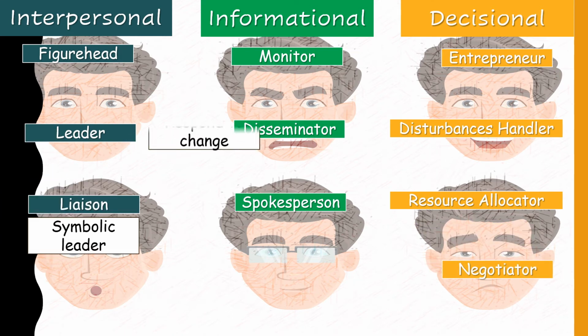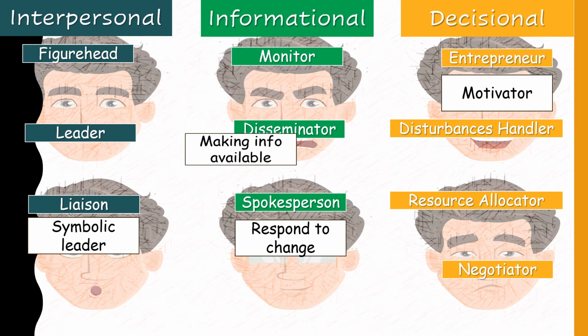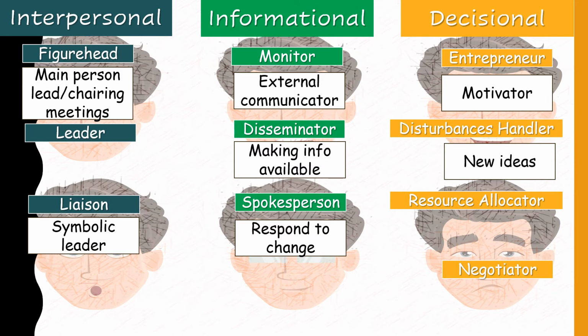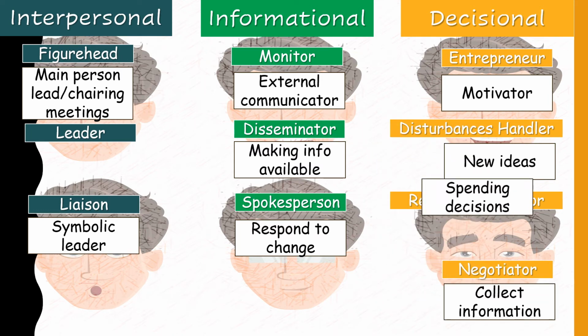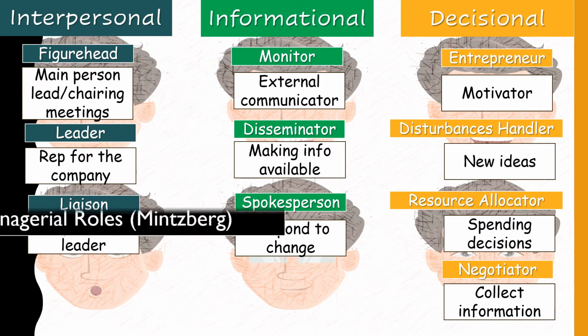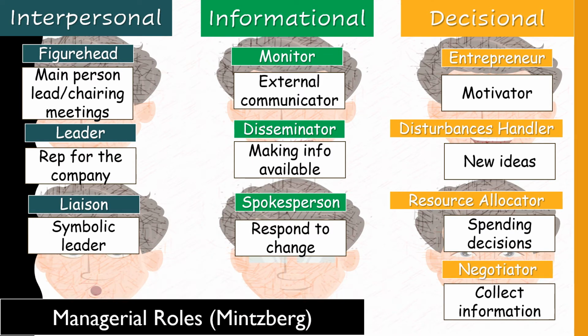And I have also added a description to each role, which is jumbled up again. What I mean is the description to each role is not correct. So I'm going to leave you some time here to rearrange the correct description to the correct role. You may not know this, or you may know this, and it's okay to make mistakes, but take some time to try and figure it out before we discuss the answers in the next slide.